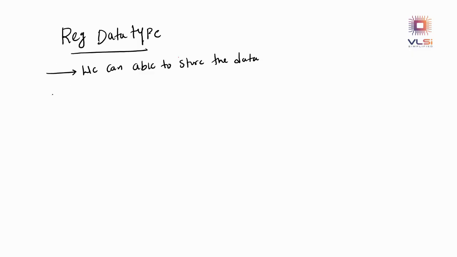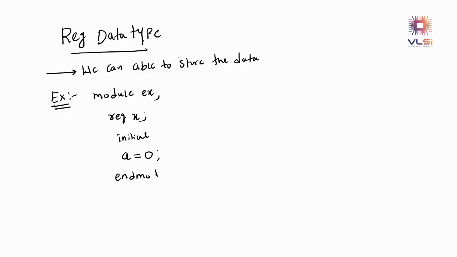So for example, module example, reg a, initial. If it is only one statement, begin is not required. Just initial and endmodule.